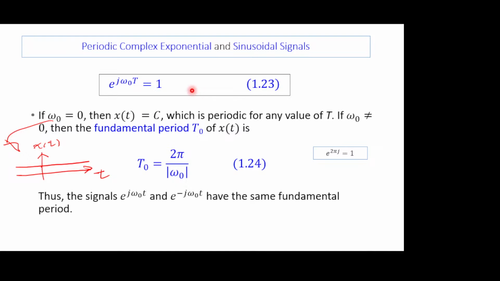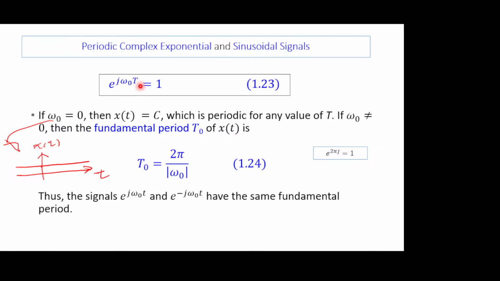And okay, so now the more regular case is when omega is not equal to 0. Okay, now when omega 0 is not equal to 0, then the fundamental period is something we can actually solve for. And now we want to see what's the smallest possible big T. What's the smallest possible big T to make this equation correct?